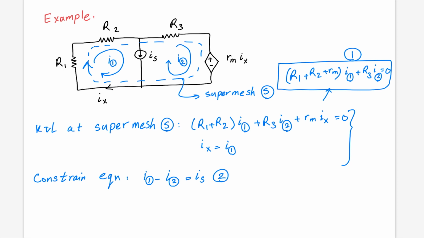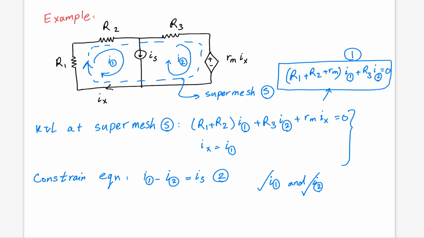Therefore, we would have two equations and two unknowns. Well, I1 and I2 are unknowns. So with these equations, we can find I1 and also I2.